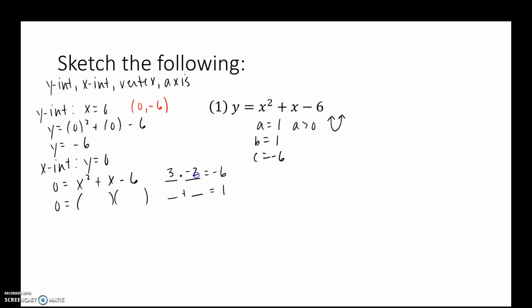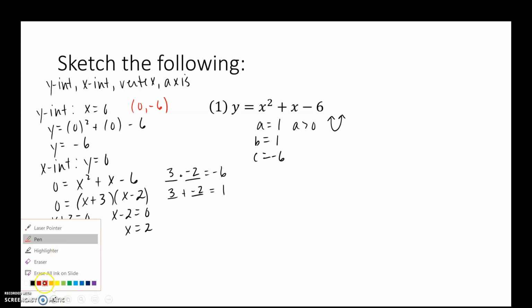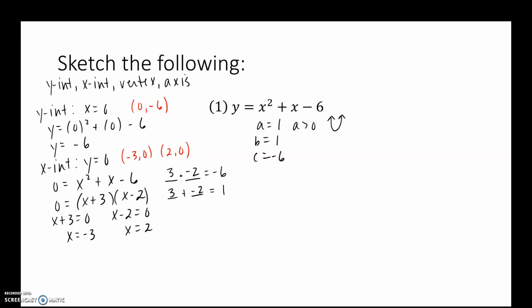So 3 times -2 gives me -6. 3 plus -2 gives me +1. So my factors are x plus 3, x minus 2. So I take those factors, I set them equal to 0, giving me two mini equations. Okay, so now my x-intercepts are the points -3, 0, and 2, 0.